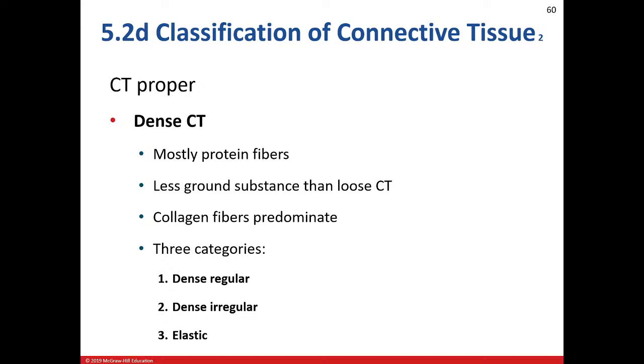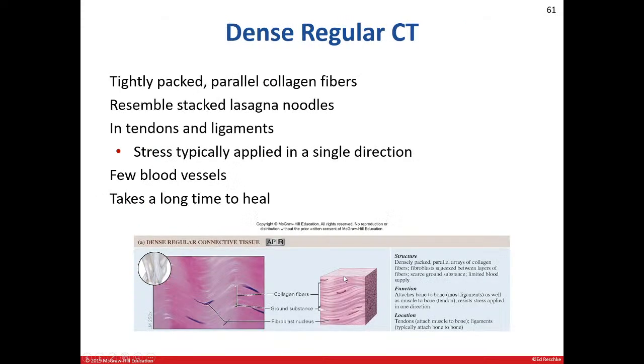In other words, it's kind of densely packed. All right, so it's going to be mostly protein fibers, less ground substance, and the collagen fibers will be the most dominant form of fiber. We see three categories of dense connective tissue. You have dense regular, dense irregular, and elastic connective tissue.